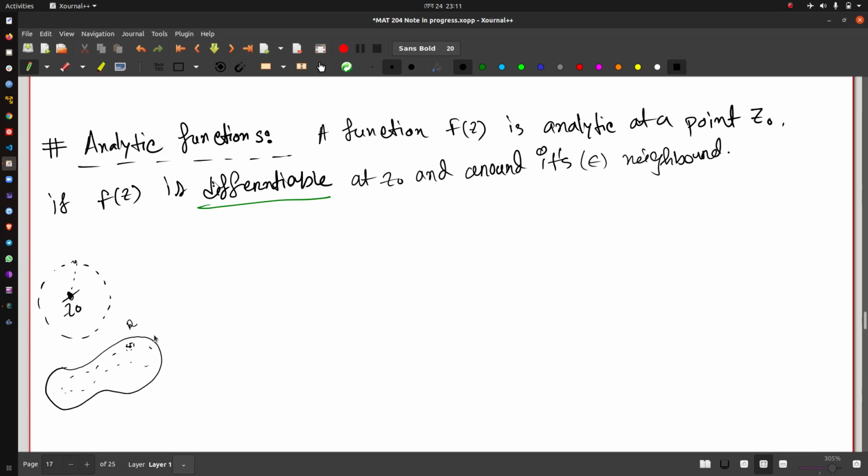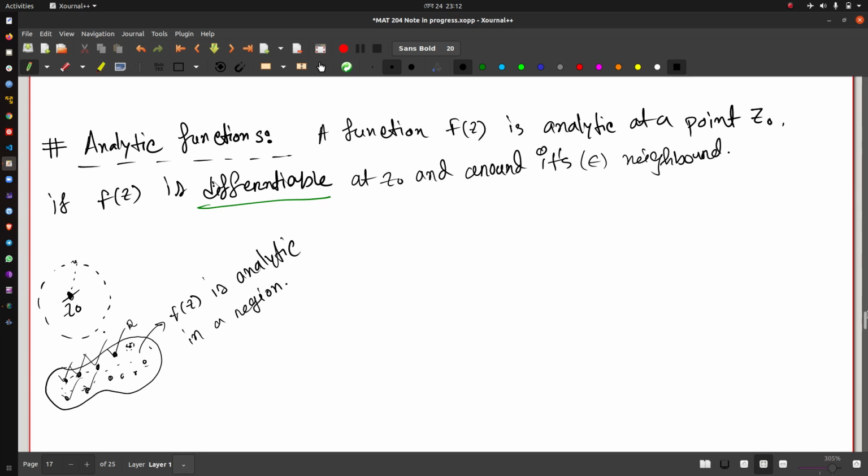If that is true, then we say the function f of z is analytic over this region, if it is differentiable at every point and its epsilon neighborhood. That means if these are my points, and f of z is analytic at all these points which make up the region, then f of z is analytic over this whole region.